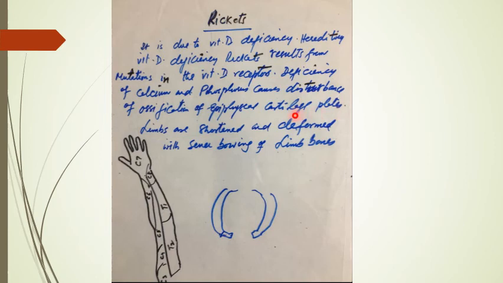Epiphyseal plates are disturbed, limbs are shortened and deformed, with severe bowing of the limb bones. They bow outward, convex outward and concave inward. So these are the bowed limbs.